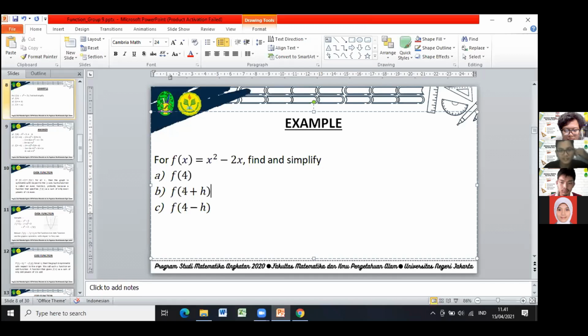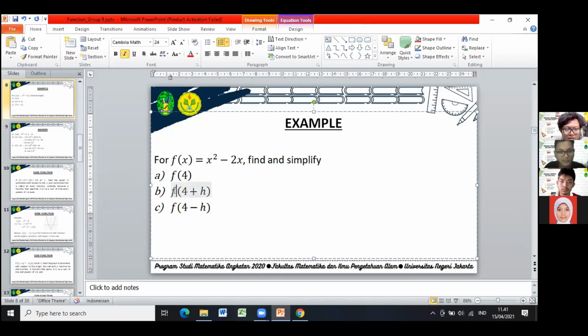Sorry, sir. This is different because this f is the function and the h is the input of the function. So this is different. So it is different between f and h, right? Yes, I think it's different. What is the difference?